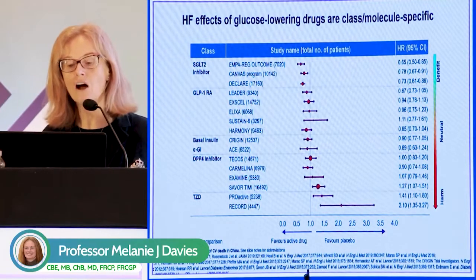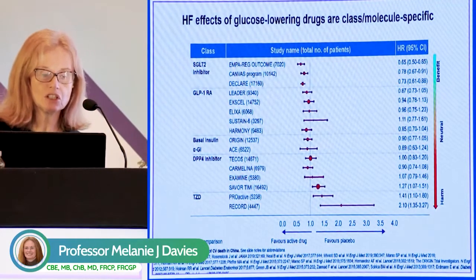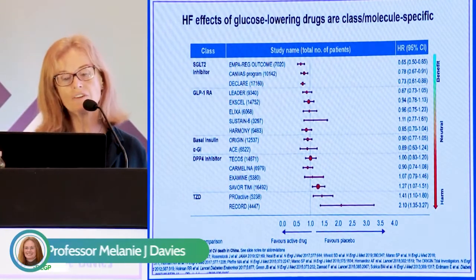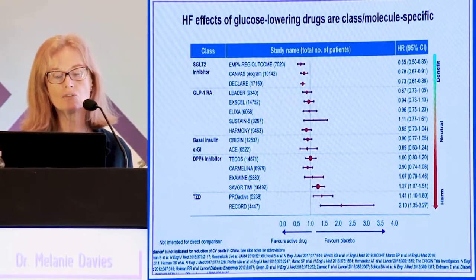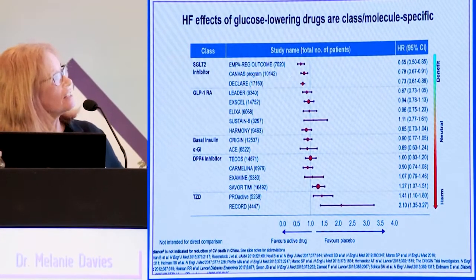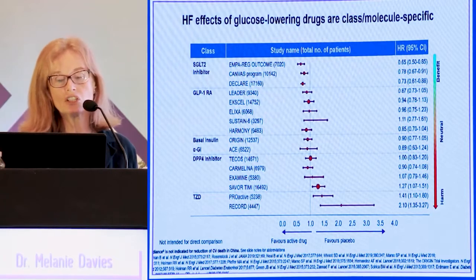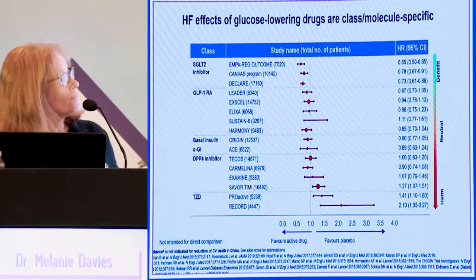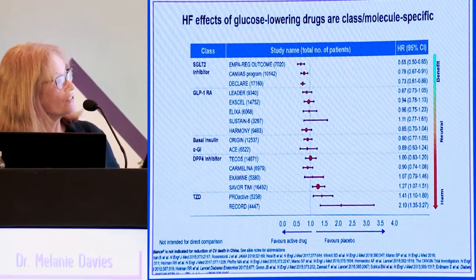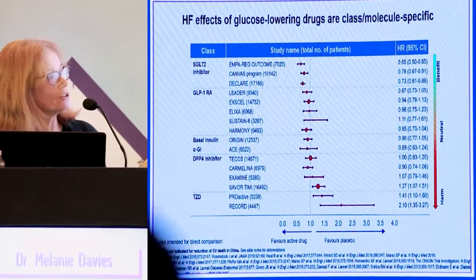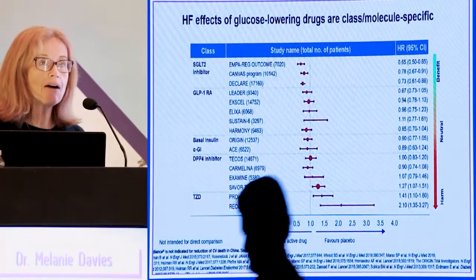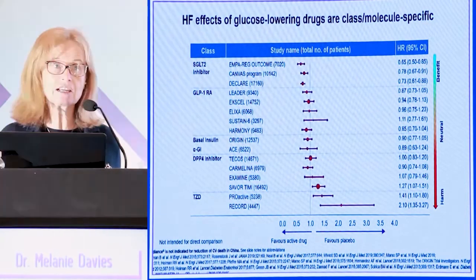However, when we come to heart failure, as we've just heard in the previous session, there is a lot of excitement around the SGLT2 class, with consistency as secondary outcomes in these big studies for reductions in heart failure. If we look across the different classes of glucose-lowering therapies, we now have evidence to help us make very clear choices.